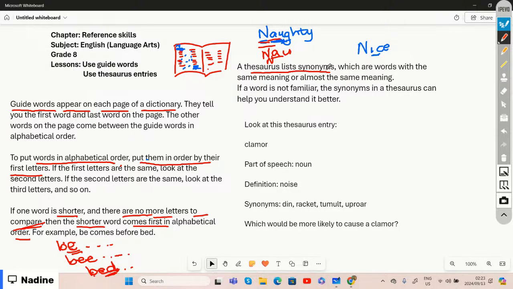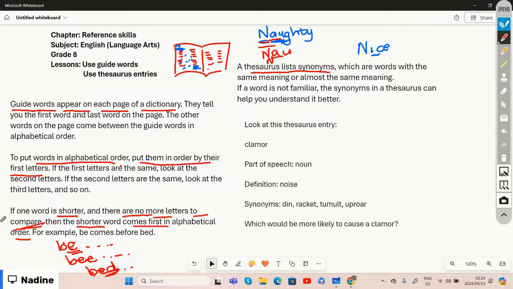So they mainly focus on the synonyms. If you look for the meaning of a word in a thesaurus, you'll just get a straightforward meaning, compared to a dictionary that will give you more than one meaning. But then again, in a dictionary, they don't give you the synonyms of the word, right?